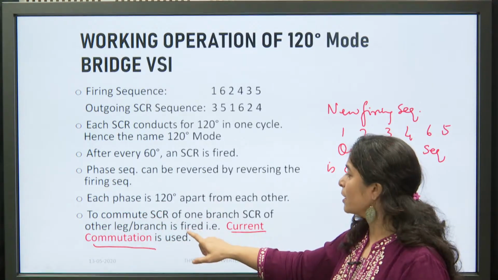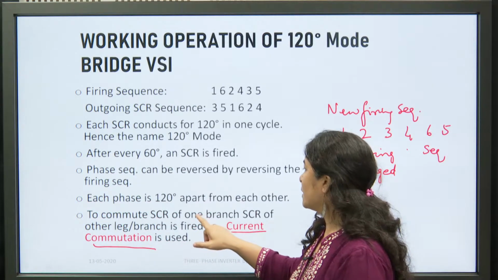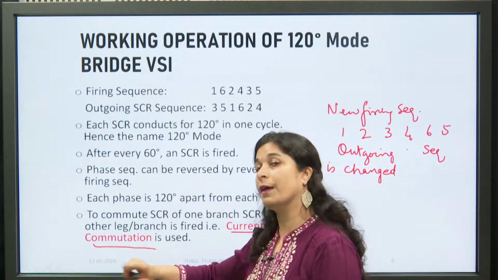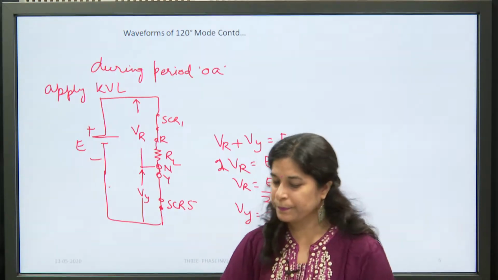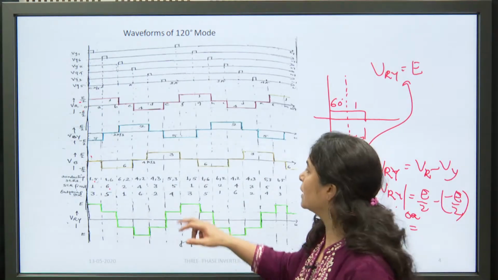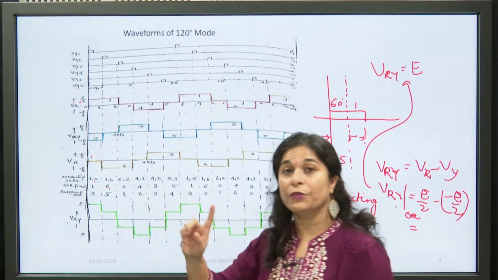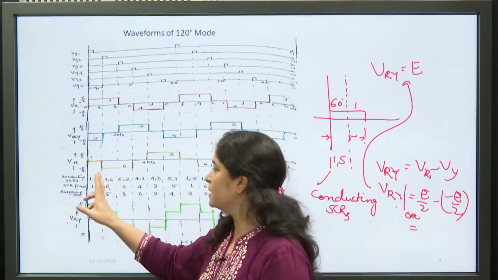Current commutation has one special feature, which is that to commute the SCR of one branch, you are going to fire the SCR of another leg. What I mean to say is, come back to this waveform and you will see that if you are firing SCR 1, SCR 3 of another phase is getting turned off. Is it clear?